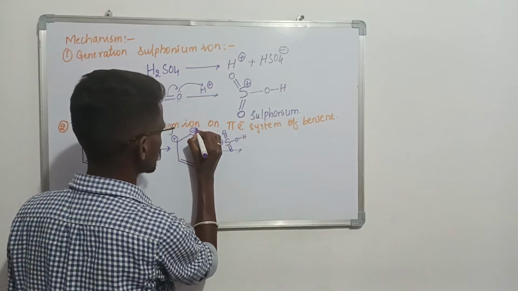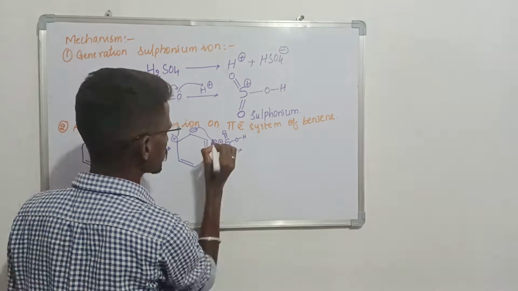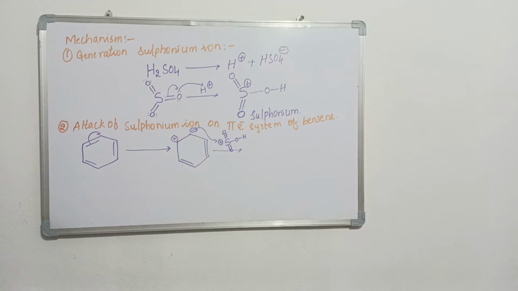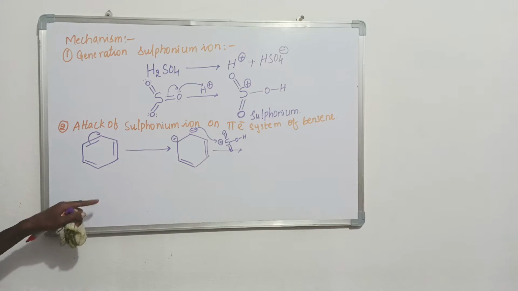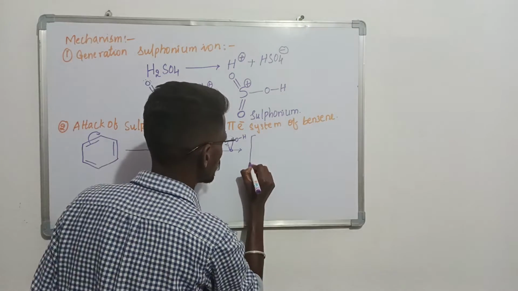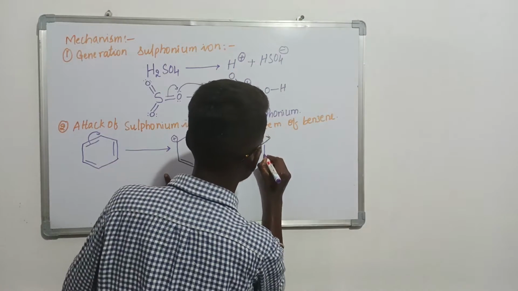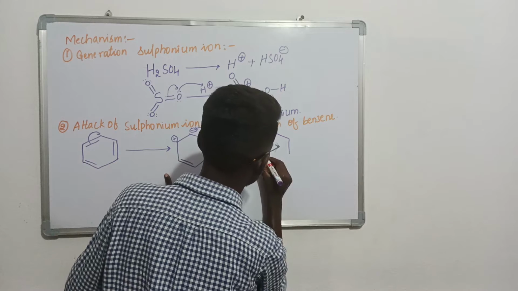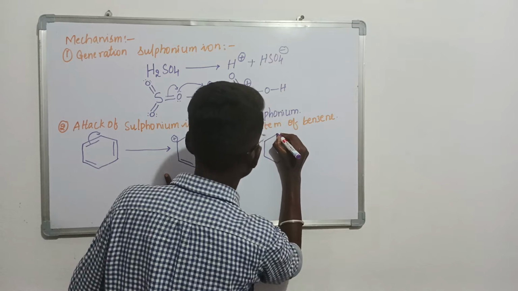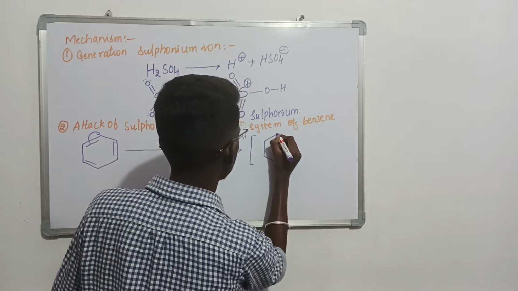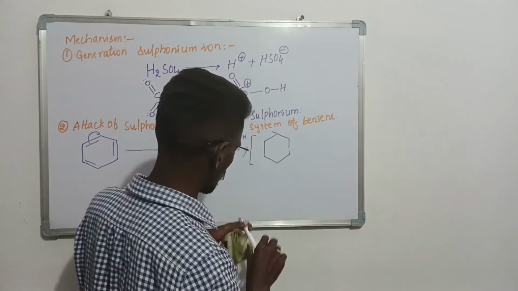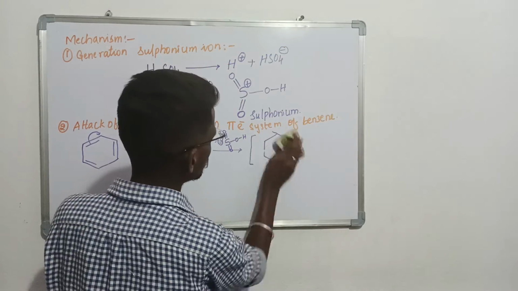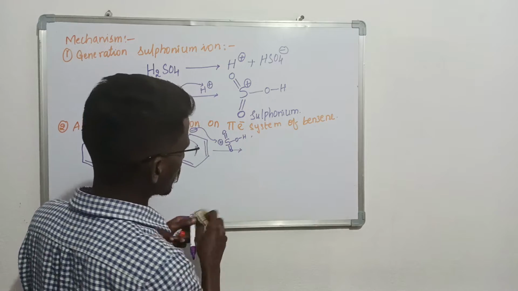This negative charge will attack the positive charge, the pi electron system of the benzene, and it will be converted into this compound. H plus ion will be formed, and it forms a structure like this.